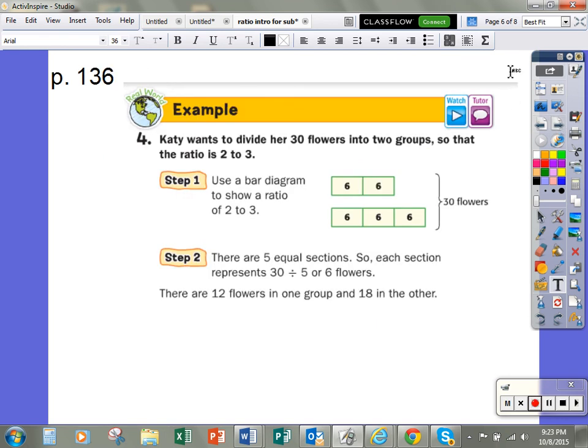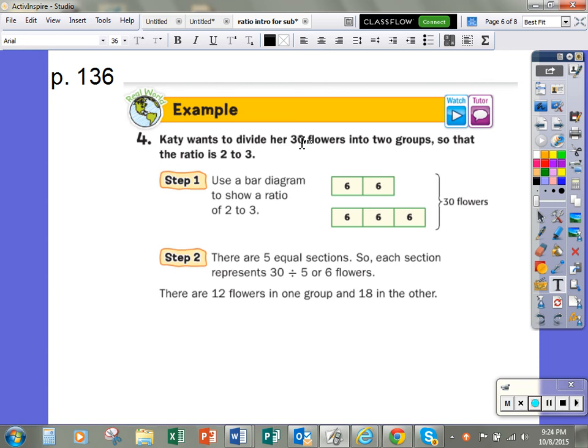Turn to the next page, 136. Here, they're asking us to draw a model to represent a ratio, and they want us to do it so that the ratio is 2 to 3, and we have a total of 30 flowers. So whatever goes in each of these boxes has to equal 30.